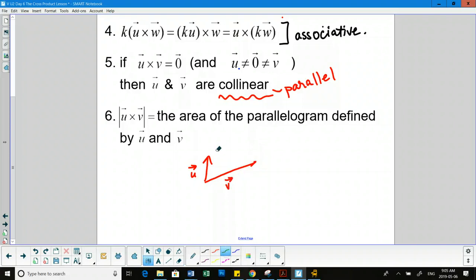Okay, so you guys know how we do our little parallelogram method, and we do this. U crossed with v, if I take the magnitude of that, it actually gives me the area of this whole thing. U cross v gives me the normal vector, but if I take the magnitude of that normal vector, it is related to the area of that parallelogram.